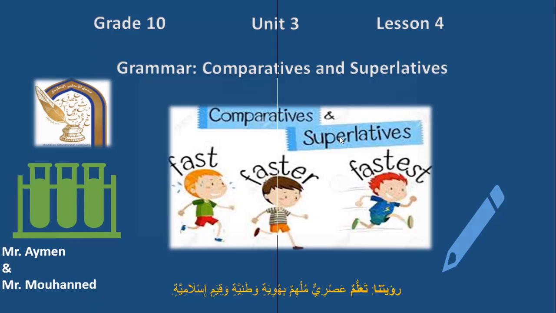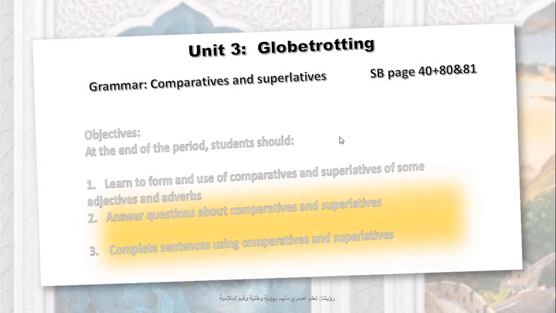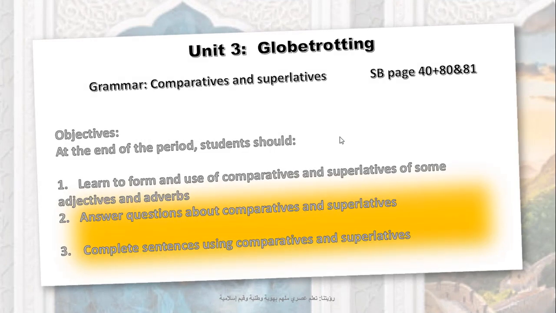Before that, let's define our objectives for this lesson. You'll need your student's book, page 40, and the grammar reference on pages 80 and 81. We aim to learn to form and use comparatives and superlatives of some adjectives and adverbs.